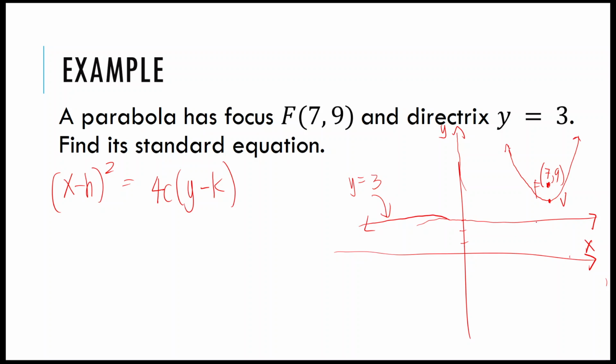So this line, y equals 3. Of course, the y value is 3. The focus has a coordinate of (7, 9). The y value is 9. Okay, what point is between 9 and 3 on y? 6. Okay, 6. Or you can actually solve that using the midpoint formula.